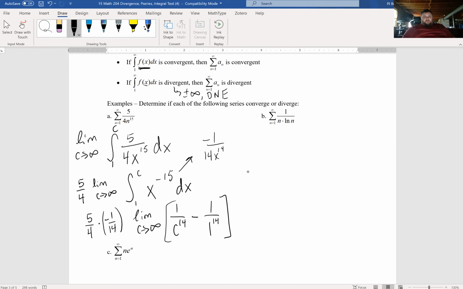So what happens to 1 over c to the 14th as c approaches infinity? It approaches 0, so this will go to 0, which means we just get a negative 1 times all this stuff out in front.